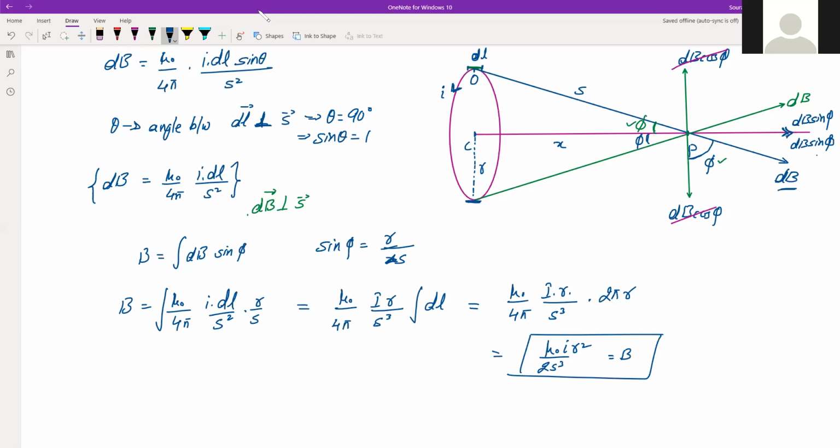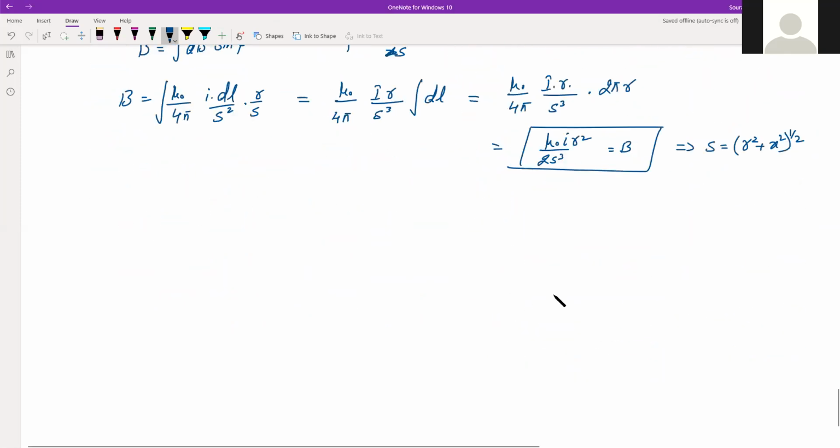Only thing is, what is S? S is equal to the square root of r square plus x square, so this to the power 3.